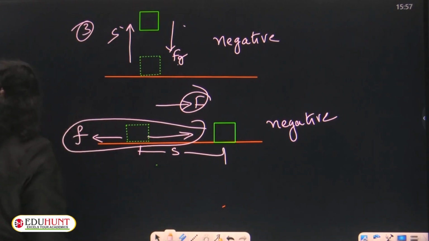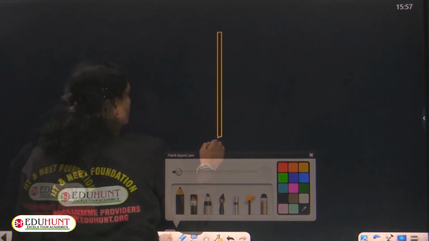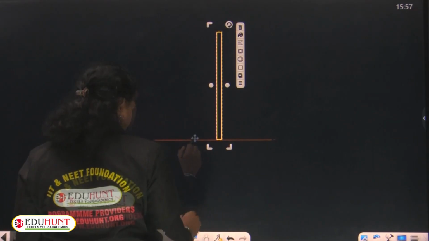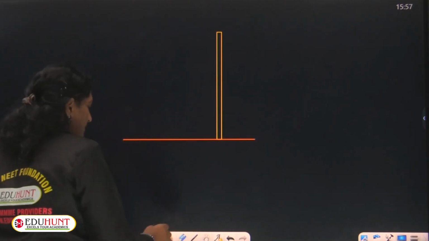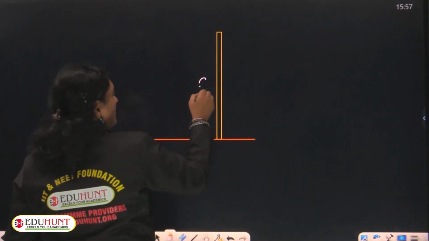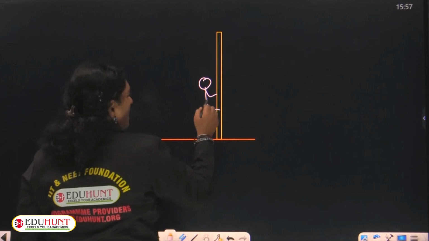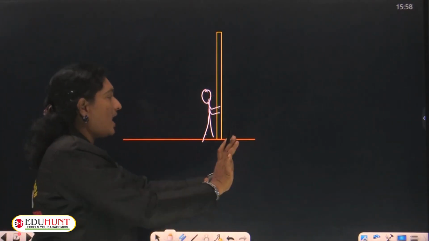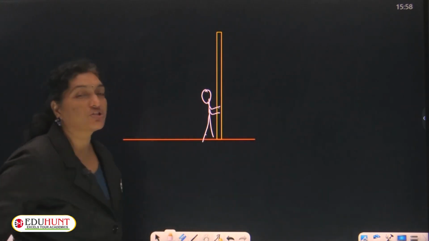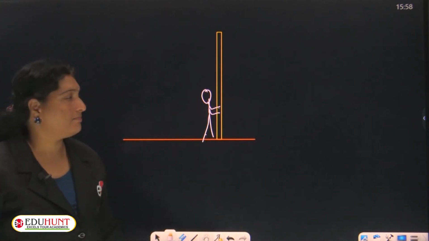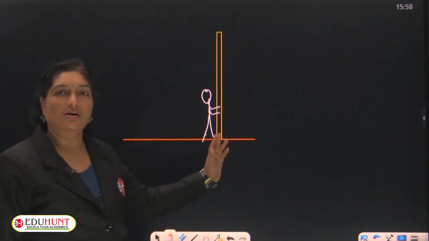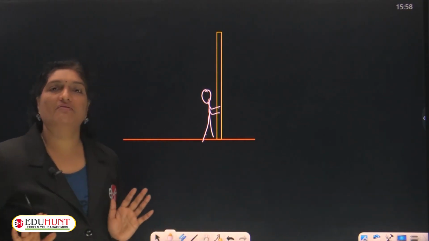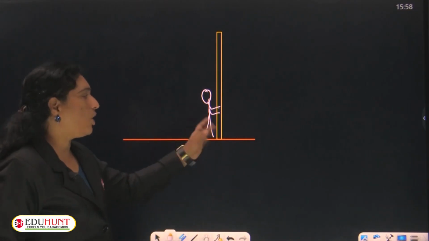So the third example: consider a wall and a floor, and a person is trying hard to push the wall towards the other side. But as we know, the wall can never be pushed forward or back. So the wall will not move at all.